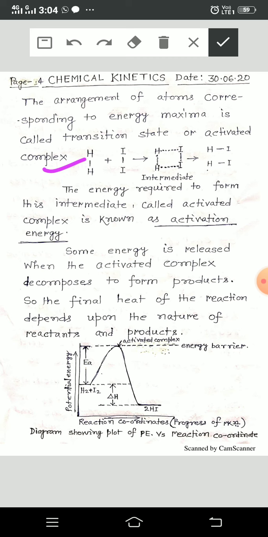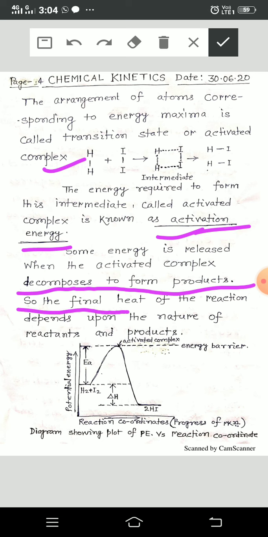The energy required to form this intermediate called activated complex is known as activation energy. Some energy is released when the activated complex decomposes to form products, so the final heat of the reaction depends upon the nature of the reactants and products.